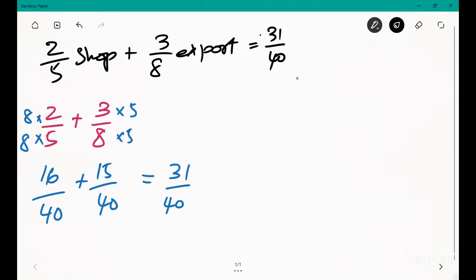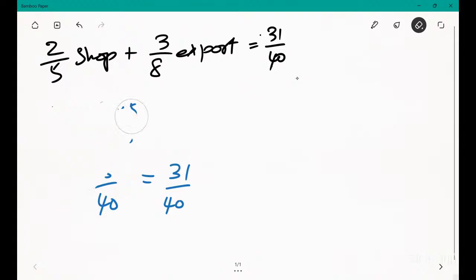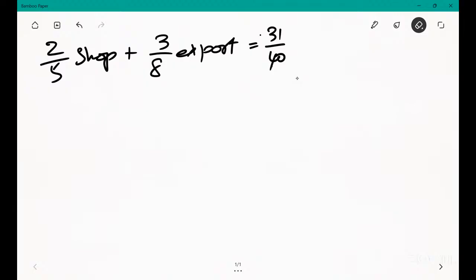31/40. Okay, so that's our first Roman number. The second question that they're asking us is 1/3 of the remaining. 1/3 of the remaining quantity of cosmetics is kept for sale within the company itself.